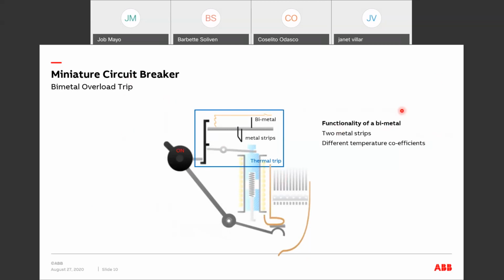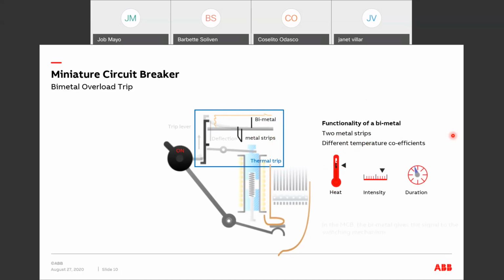As mentioned earlier, it is composed of two metal strips combined with two different temperature coefficients, wherein it measures mechanically based on the thermal property of the metal. It's the heat dissipated within the strip, and as we all know, heat is correlated with the intensity of current, and of course the duration of exposure for the two metal strips.